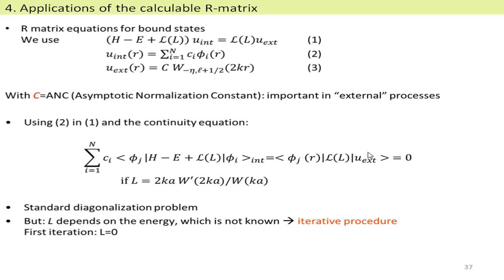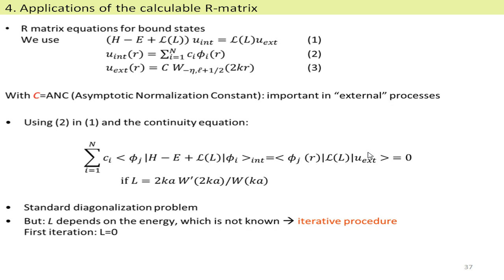So now, if you do exactly the same procedure as before, you insert this expansion in the wave function, and then here you have to choose a specific constant for L. If you choose this constant as the logarithmic derivative, then the right-hand side of this equation is 0, because the Bloch operator applied to this external part is 0. So this is a standard diagonalization problem. So you have this sum here equal to 0.